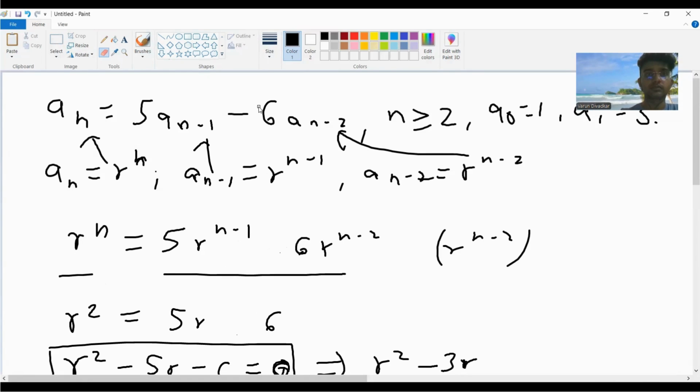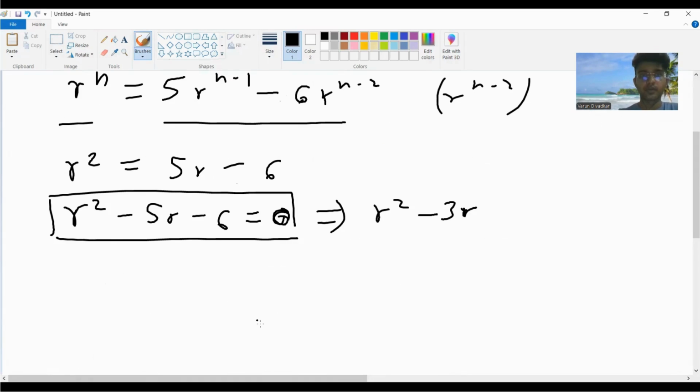That's a small change. So now this becomes r squared minus 5r plus 6 equals 0.